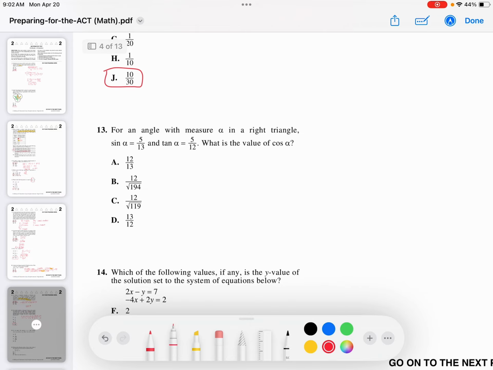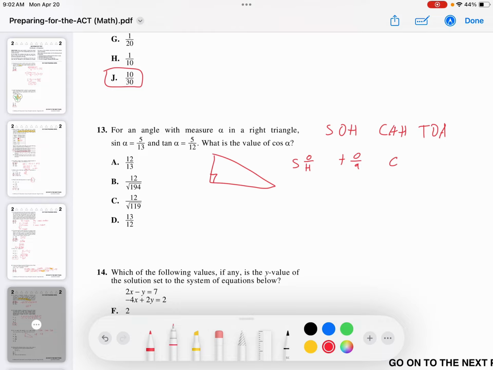For an angle with measure A in a right triangle, so we've got a right triangle, sine is 5 over 13. Tan is 5 over 12. So for this, we need to remember the SOH-CAH-TOA relationships. Sine is opposite over hypotenuse. Tan is opposite over adjacent.